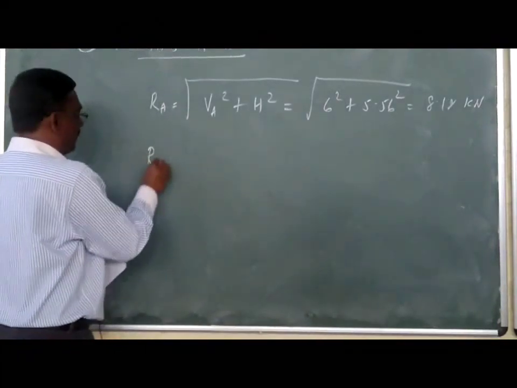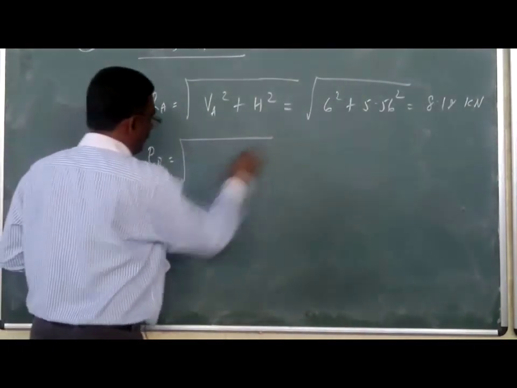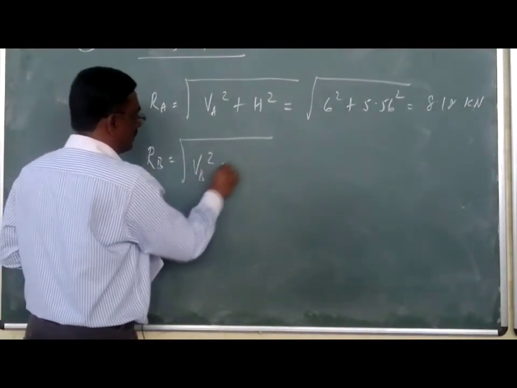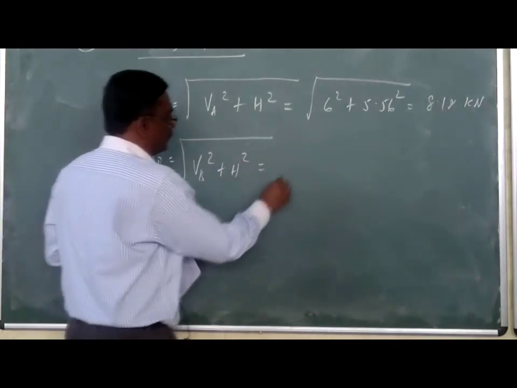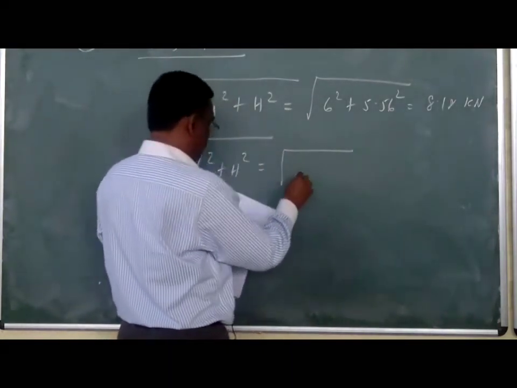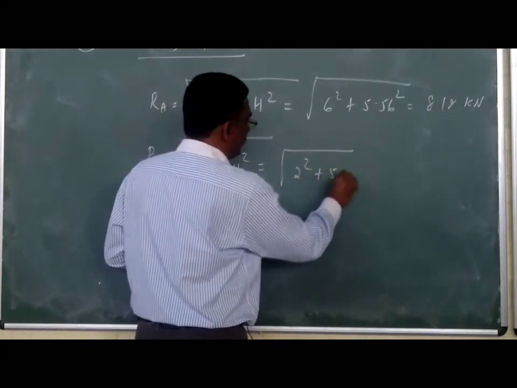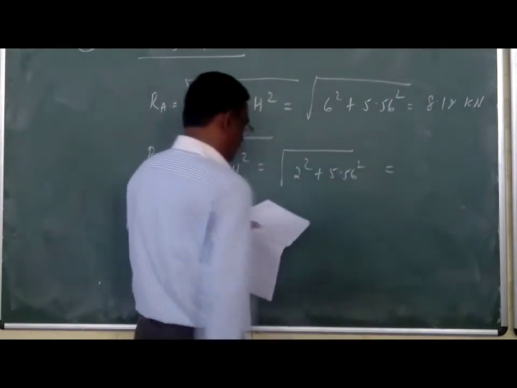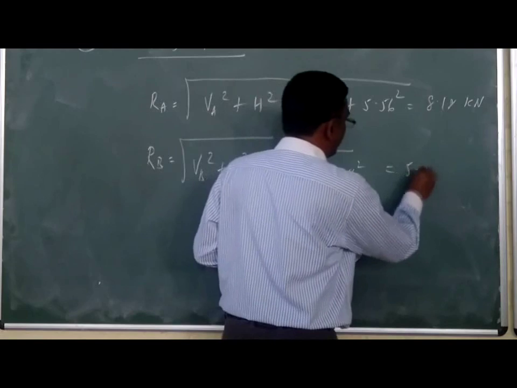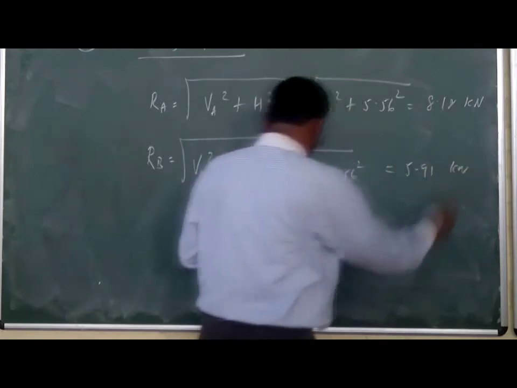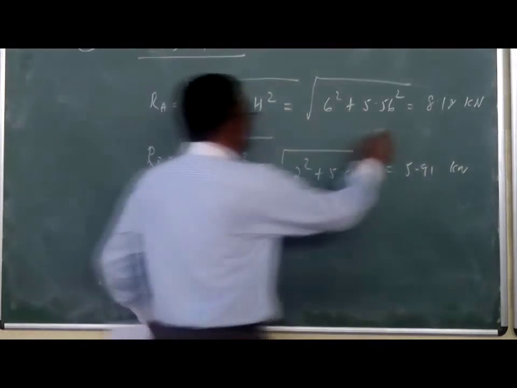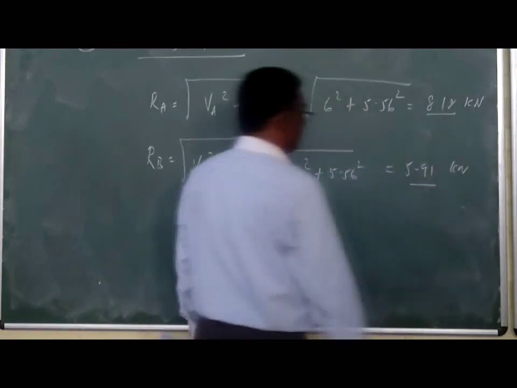And the reaction at B may be given by square root of VB square plus H square. Substituting the value, VB is 2, square root of 2 square plus 5.56 square, we'll be getting 5.91 kilonewton. So this is the value of reaction at A and reaction at B.